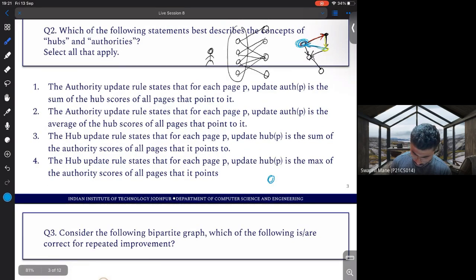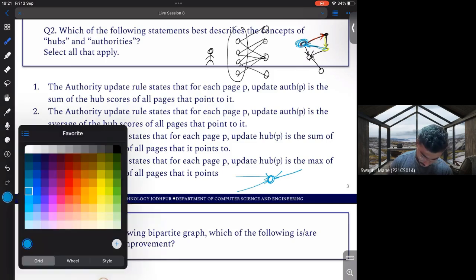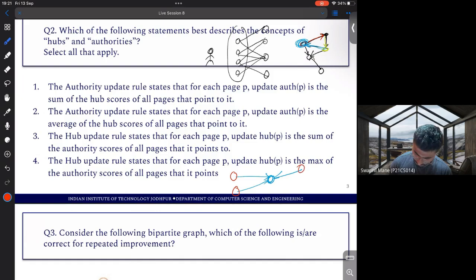Suppose we consider this node. Whatever is pointing to it are the hubs. Here these represent hubs, and this blue node represents the authority role. While quantifying the authority value, the first statement says the sum of hub scores. These are hub 1, hub 2, hub 3.